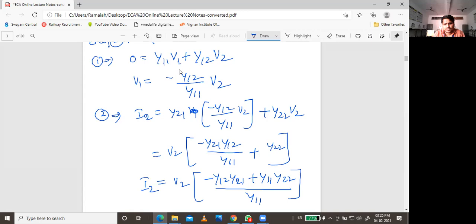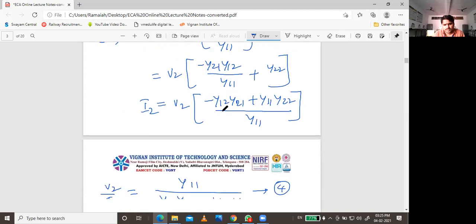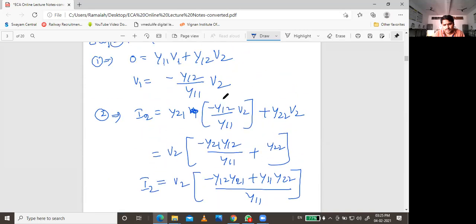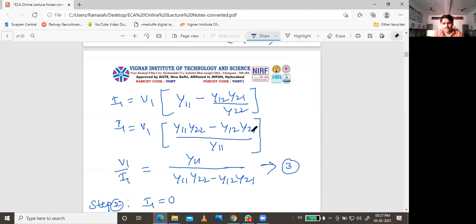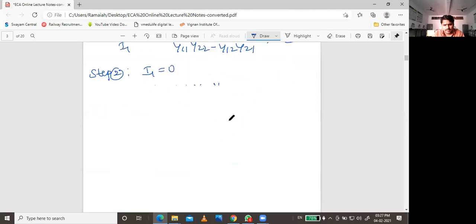V1 is equal to minus Y12 V2 by Y11. Then how are we getting this? Just a minute. Yes, so now here this is I think Y22. Okay, so here you get Y22. Small mistake here, I did.